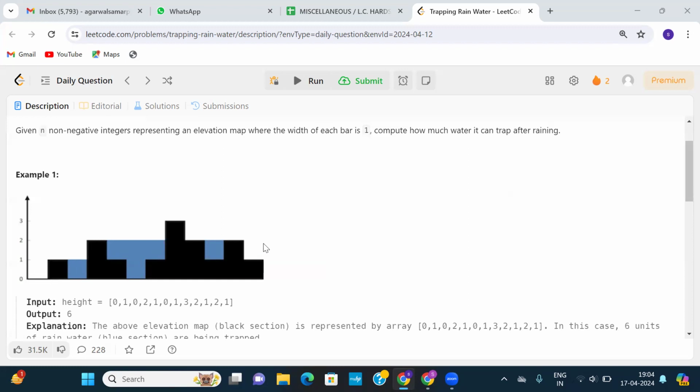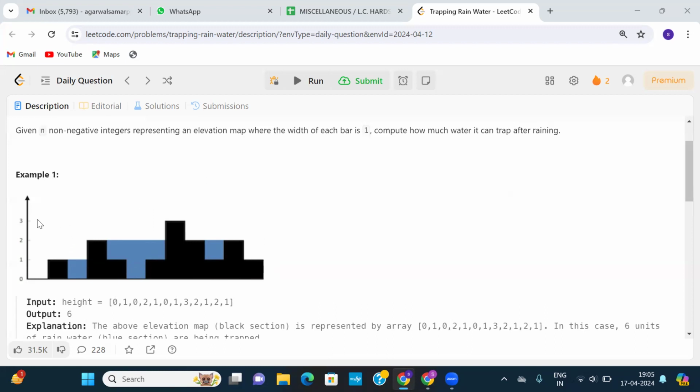There are many bars at the rightmost indexes, but we will take the bar with the maximum height from the rightward indexes. Which bar has the maximum height? This particular bar, you can see my arrow, has a height of 3. This is the bar with the maximum height from the right side.